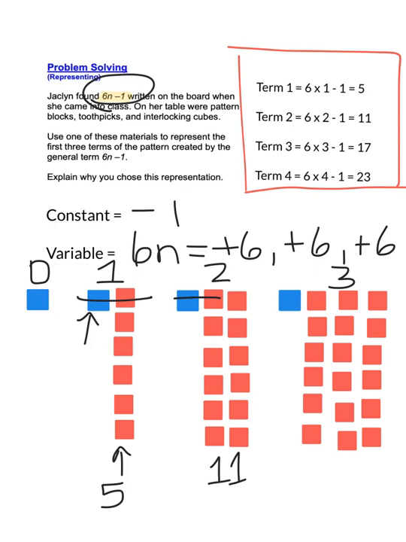The red and the blue cancel each other out, which leaves me with 17. And of course, I just added the 0 in as well, just so that I understood that the constant stays the same every time. So if I was actually to calculate what term 0's value would be in this particular algebraic expression, my term 0 would have a value of negative 1.